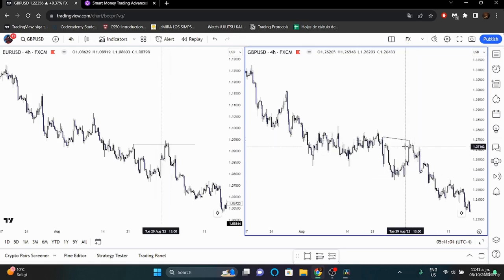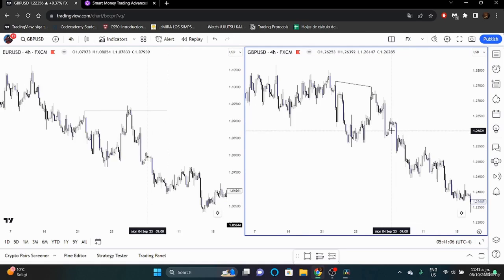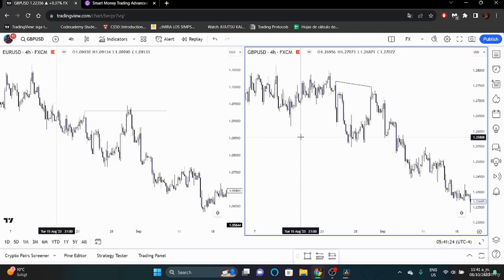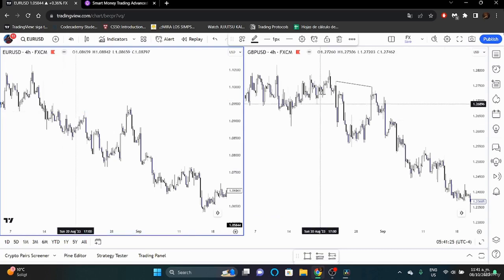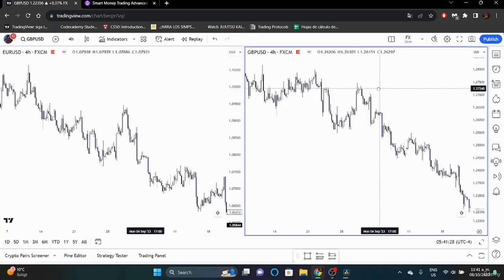Okay, so GBP is now our leading pair, and our SMT pair is Euro. So we're looking for shorts on GBP. Once price trades through, we're looking for shorts here. Boom. Displacement, boom. Displacement, boom. You understand? Let's continue.